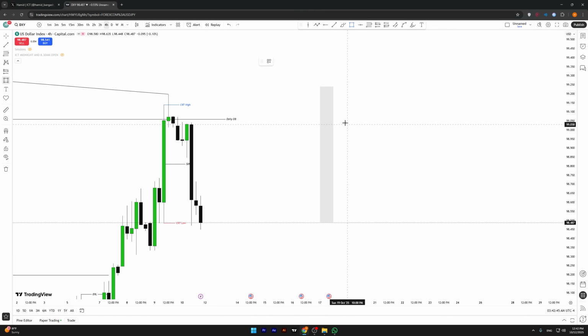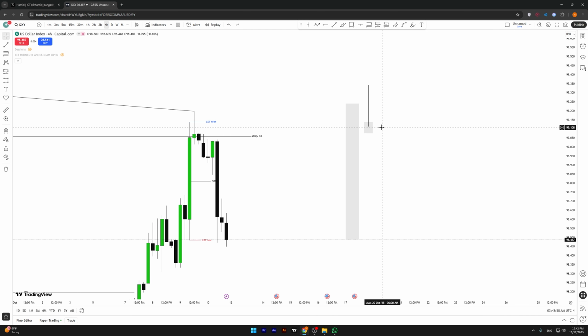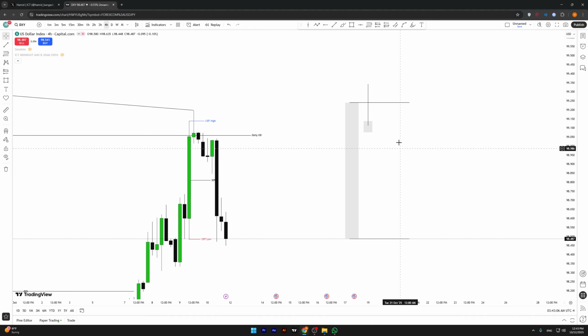So whenever price breaks through this with a body candle close, we could expect a bullish move. But if price fails to break above this high and sweeps the liquidity like in this scenario, then we can target the low of this candle. So this becomes our range. Price sweeps the range high, and then we can expect a move to the downside to the range low.